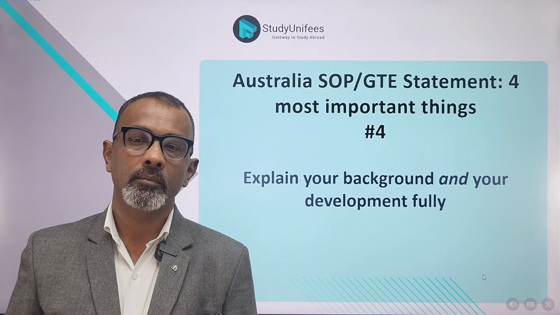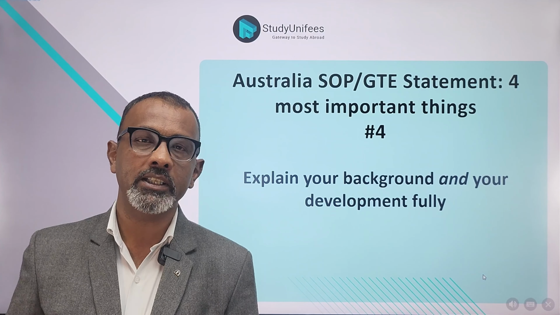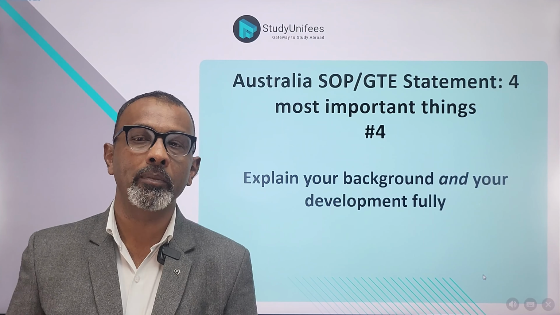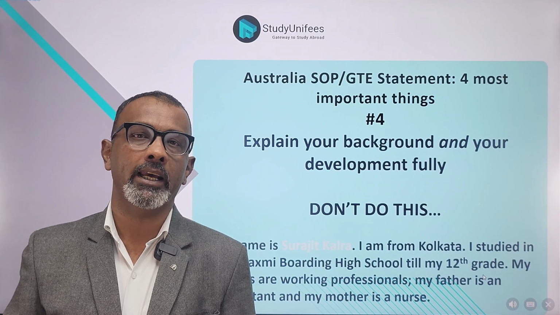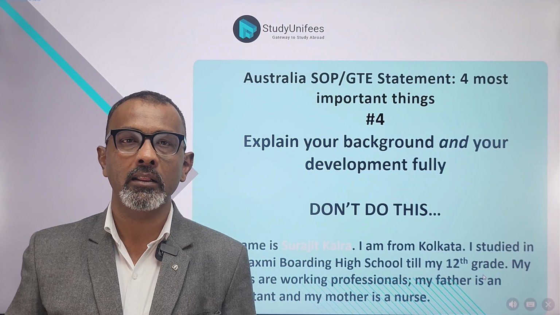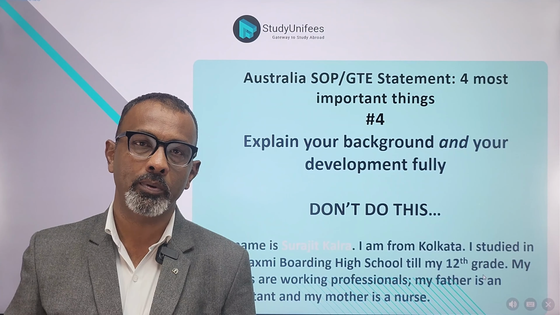Number 4. While writing your SOP or your GTE statement, explain your background and your development fully. While explaining your background, go into a little more detail. I often see students who only tell the reader their names, their parents' names, the name of their hometown, and also what their parents do in this part of the SOP.